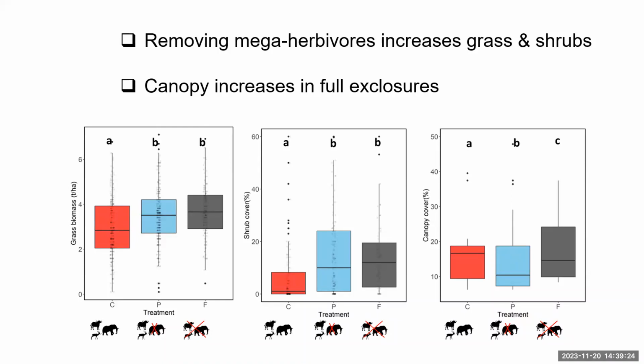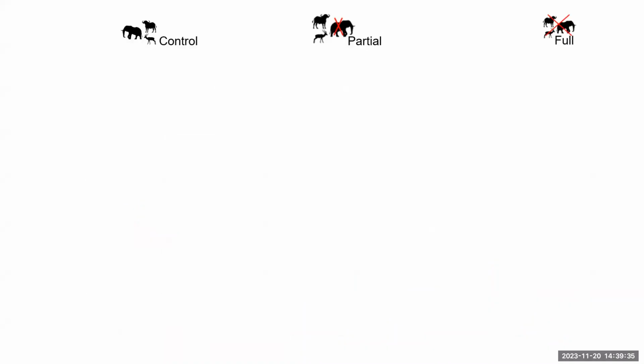In terms of changes in canopy cover, we tended to see an increase when all large herbivores were not present in the system. In terms of those direct and indirect effects that we're interested in, again, these are our three different treatments. First, we looked at variation in canopy cover.